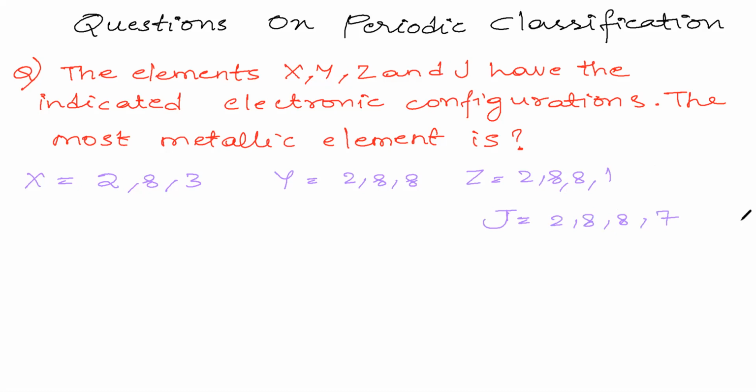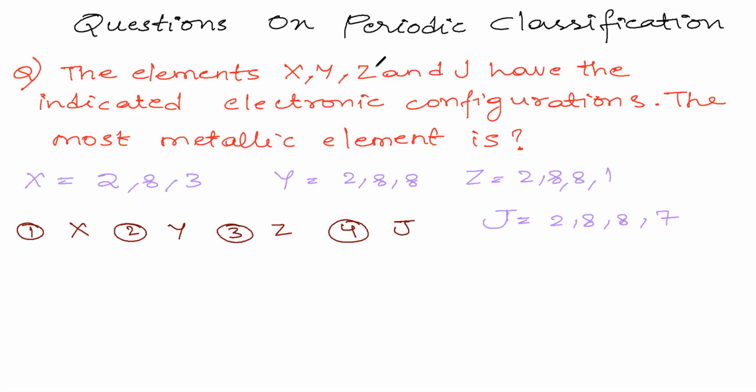Now, most metallic element in this. First option X. Second option Y. Third option Z. Fourth option J. So based on this concept, elements X, Y, Z, J, how many valence electrons do they have?